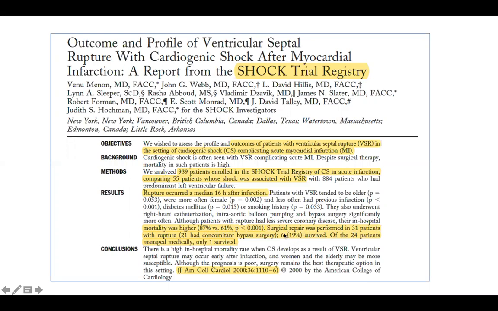So survival with surgery was dismal, 19%. But survival was even more dismal with medical management: of 24 patients, only 1 survived. So there is almost 96% mortality with medical treatment, but at least with surgery it was 81%.